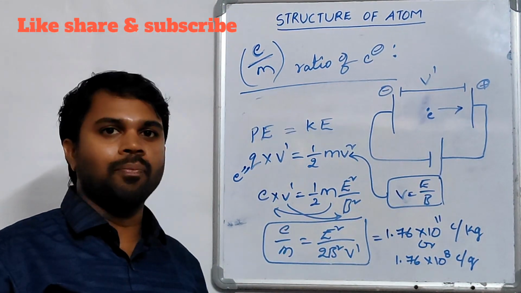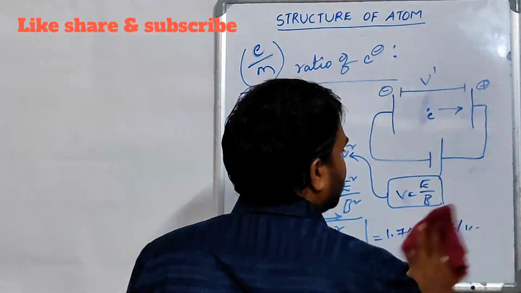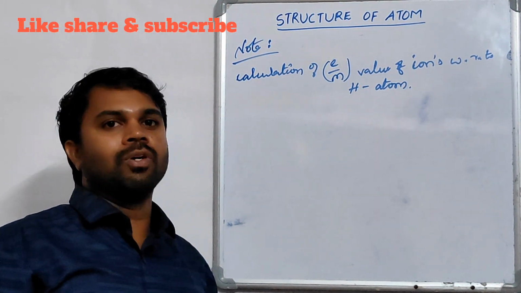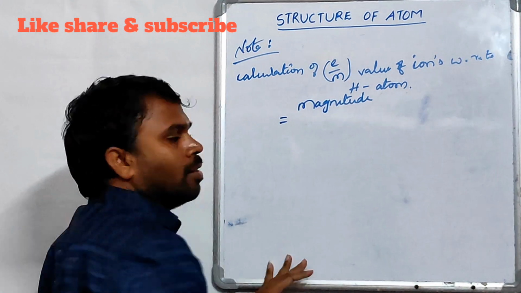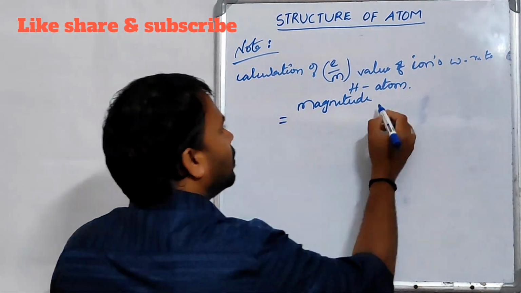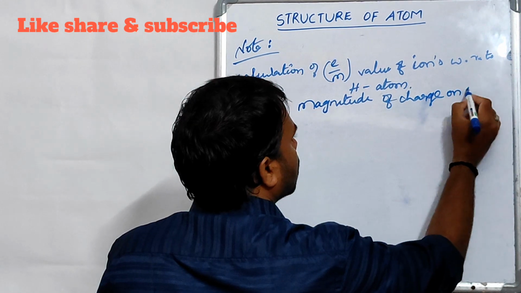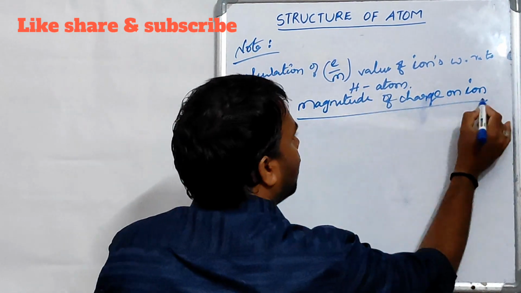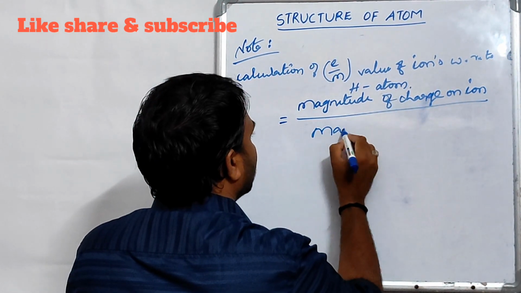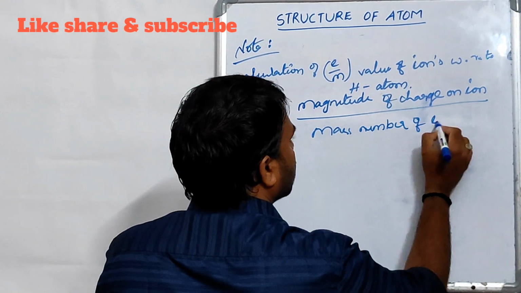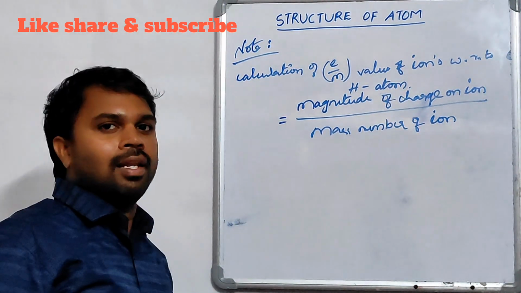I will give you one important note: calculation of the E by M value of ions with respect to the hydrogen atom. We have a formula: it equals the magnitude of charge on the ion divided by the mass number of the ion. Let's see one example.